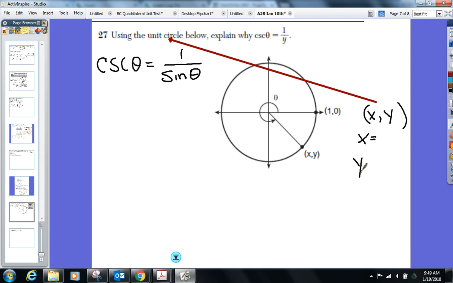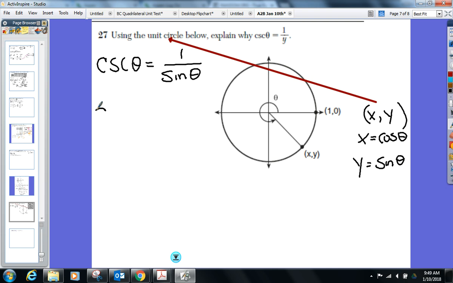Or maybe what the y represented on the unit circle? It's okay, that's why we're going to review. X was the cosine of the angle, and y was the sine of the angle, yep. Only on the unit circle. The cosine is the x-coordinate, the sine is the y-coordinate.